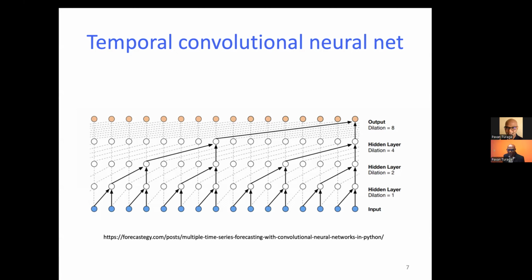To keep it simple, in this graphic, things will stay the same, meaning the number of nodes will stay the same as you go up in the chain. So if there are 6,000 blue dots, there will be 6,000 white dots in the hidden layer 1, and so on and so forth.